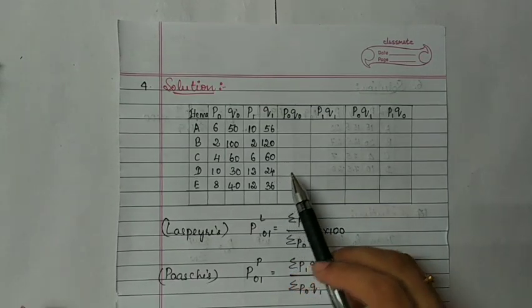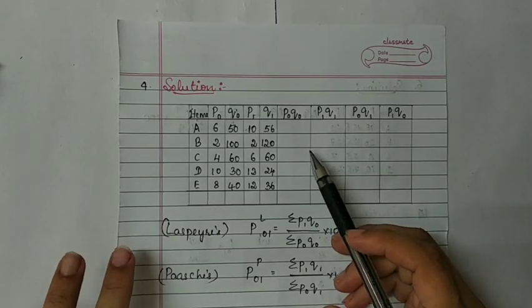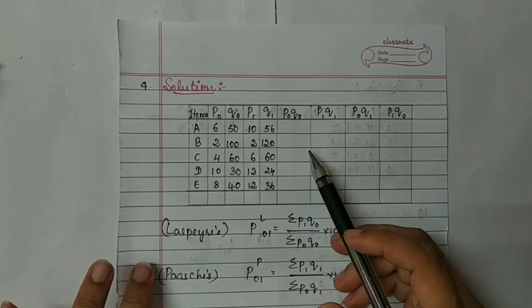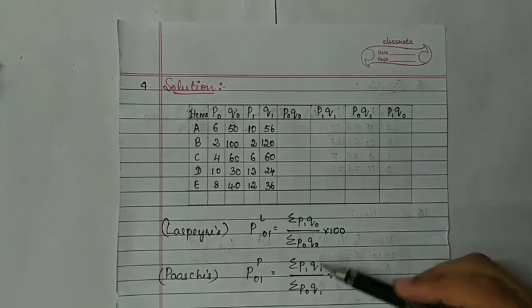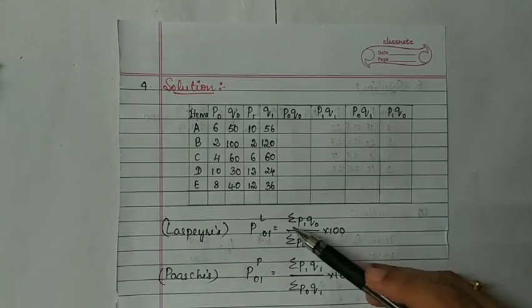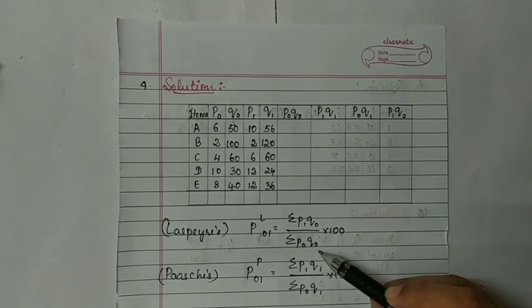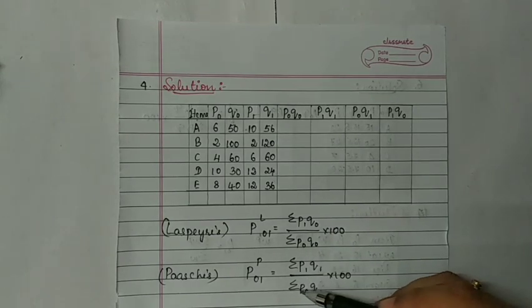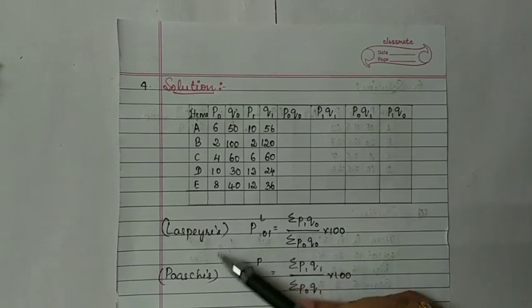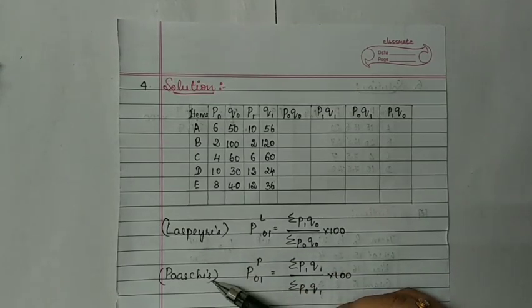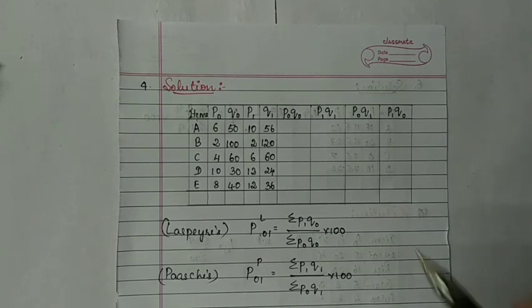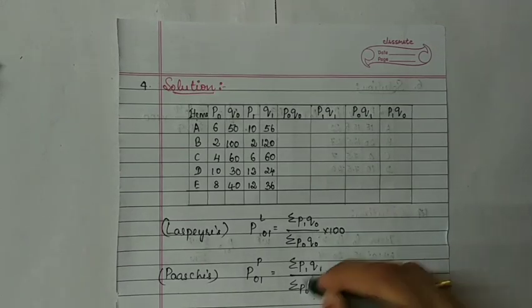So you all know that in all the index number calculations of weighted aggregative, the common items are summation P1 Q0, summation P0 Q0, summation P1 Q1, summation P0 Q1, isn't it? All the formulas are based on the formulas of Laspeyres and Paasche, isn't it? So let us calculate these four items first.